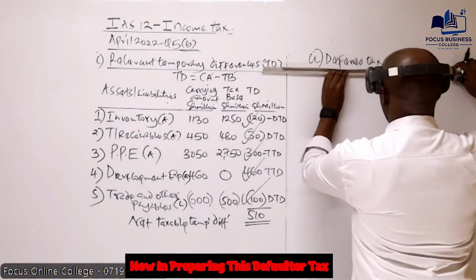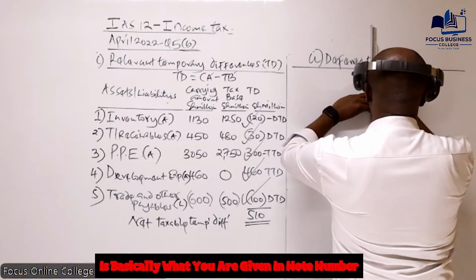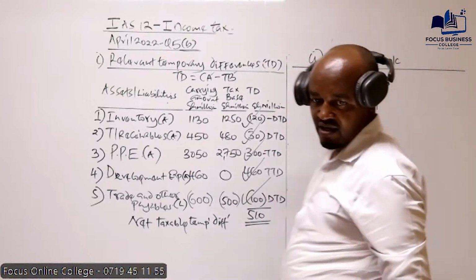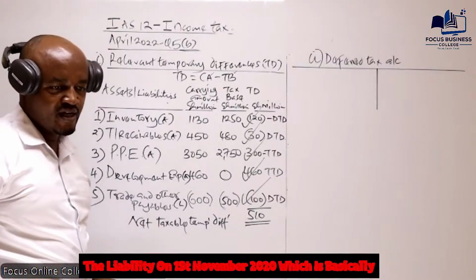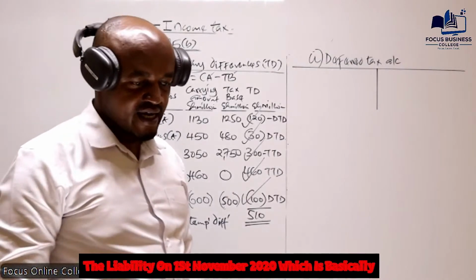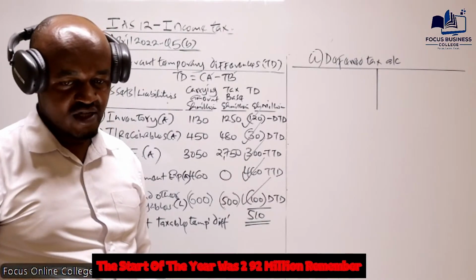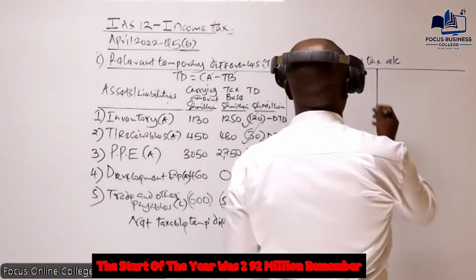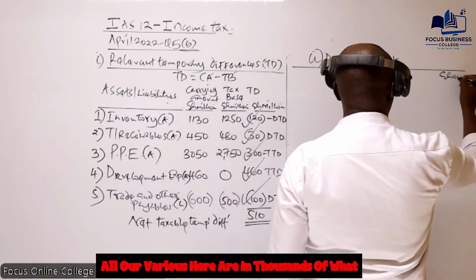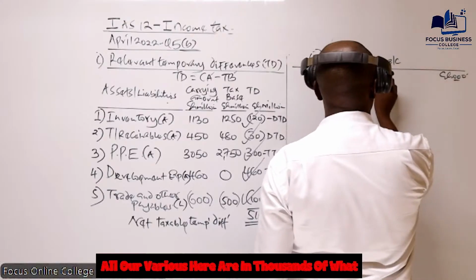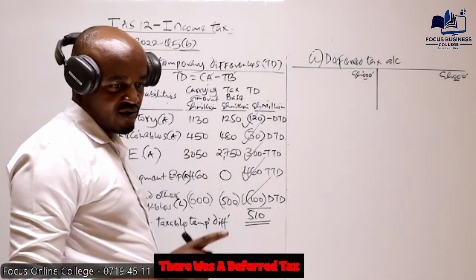Now, in preparing this deferred tax account, the first item you need to record is what you're given in note number 6, because in note number 6 you're told the deferred tax liability on 1st November 2020, which is the start of the year, was 292 million. Remember, all our values here are in thousands of shillings.